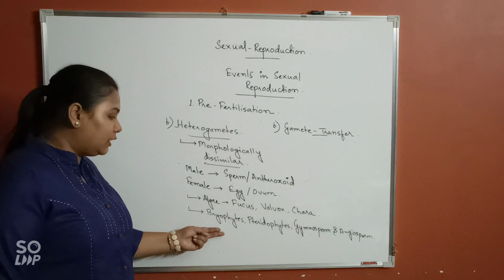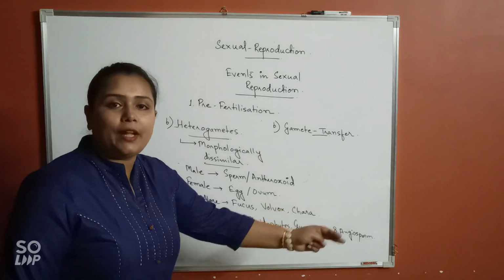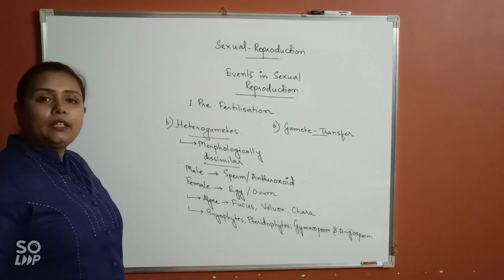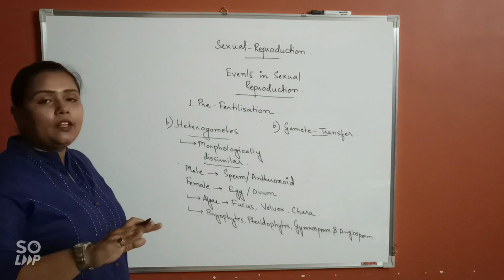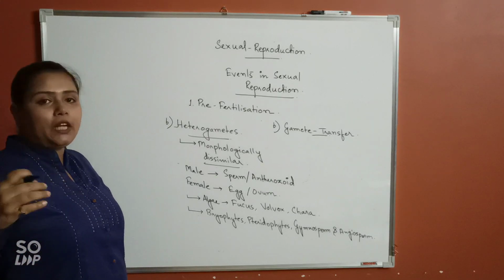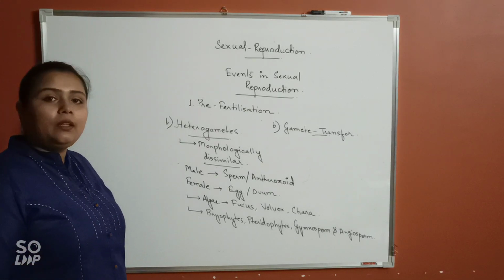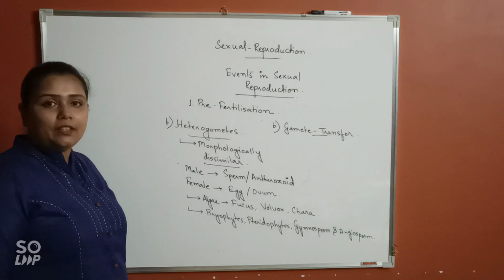You anyways have learned about bryophyte, pteridophyte, gymnosperm, angiosperm, that they have the male gamete to be antherozoid and the female gamete to be the non-motile egg. All those things you have learned in the plant kingdom chapter already, isn't it?